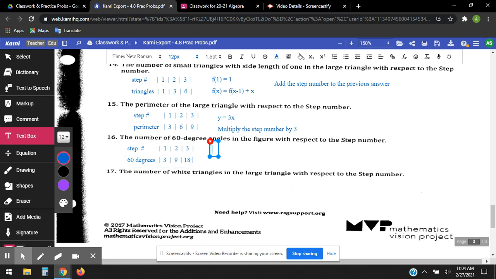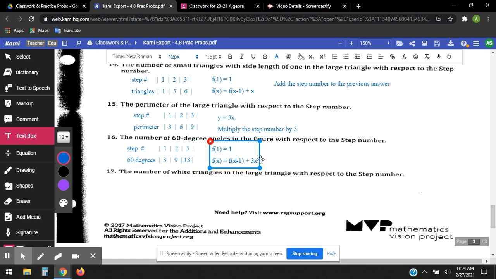So that one would have to be a recursive too because I don't really know how to write equations for those types of things yet. So I want to take the previous answer and add to it 3 times the step number, right?